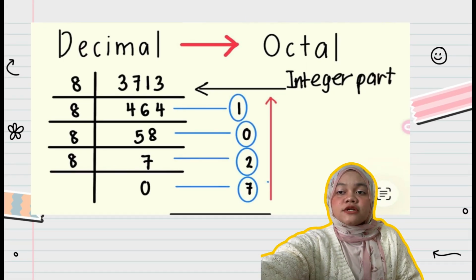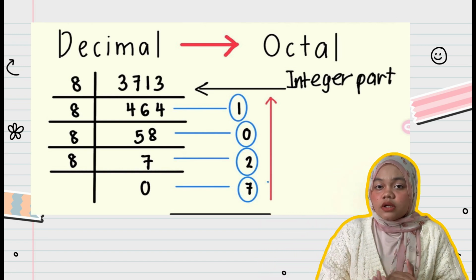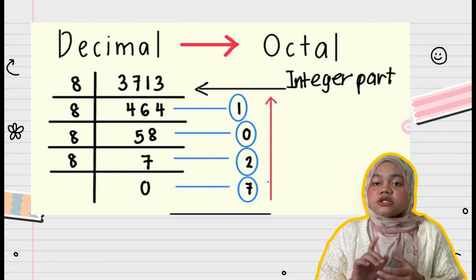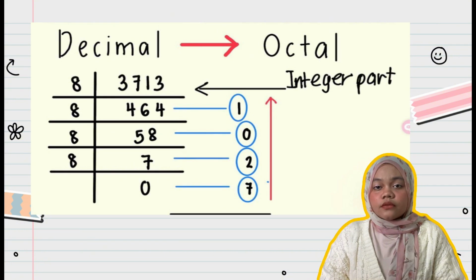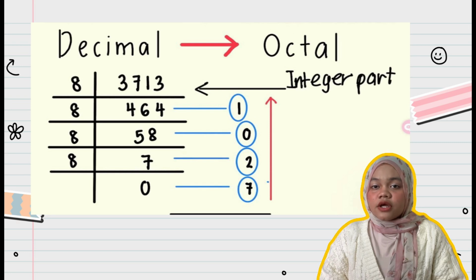Okay, firstly, we look at the number. We take 3713 divided by 8, we get 464 and the remainder is 1. So, we take 464 divided by 8, we get 58 and the remainder is 0.